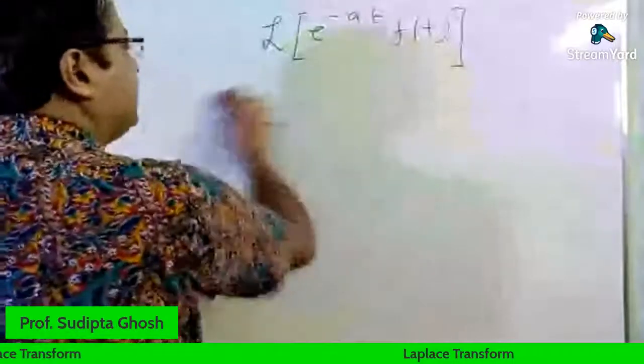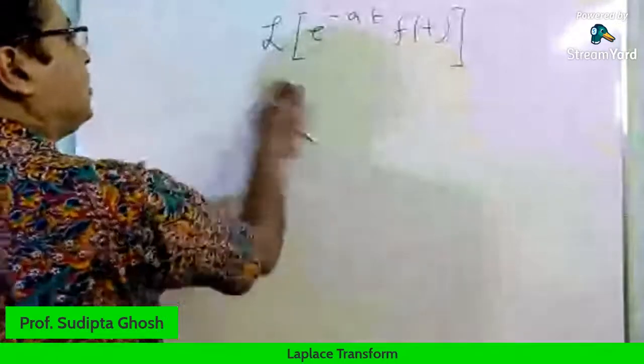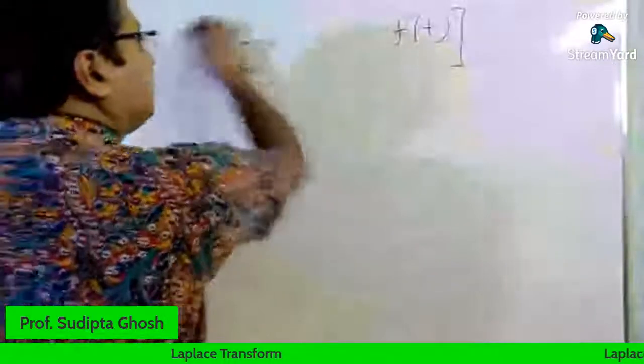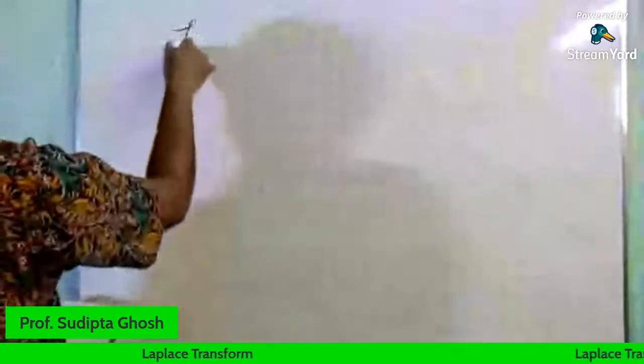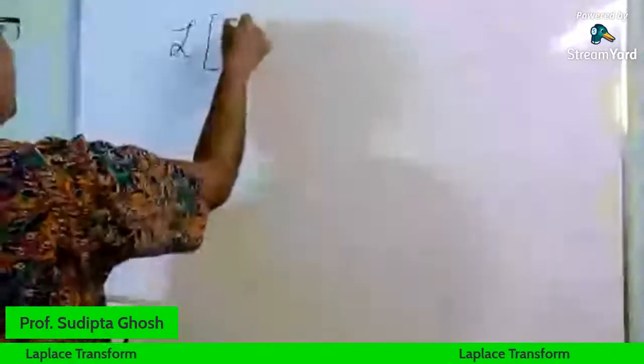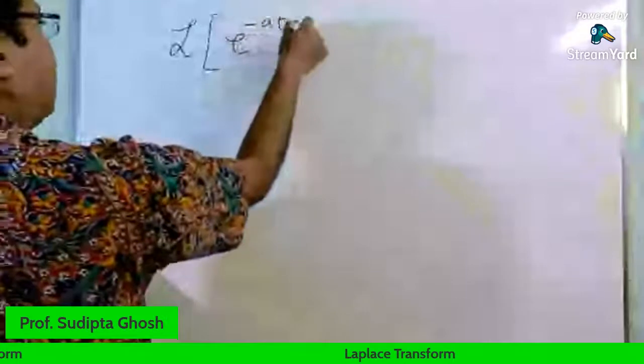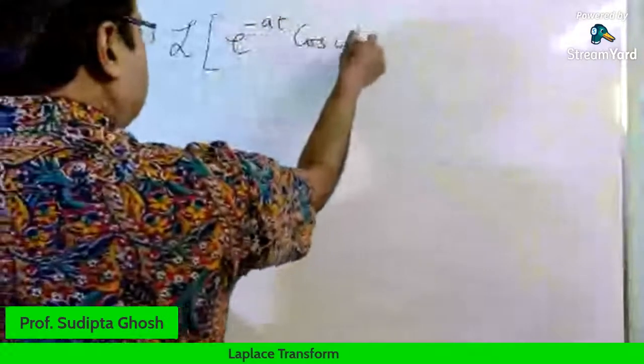This is actually a general value, because I have not yet mentioned the value of f of t. So now some examples of exponentially damped functions, that is the Laplace transform of e to the power minus at cos omega t.